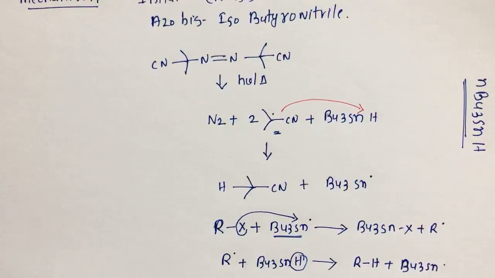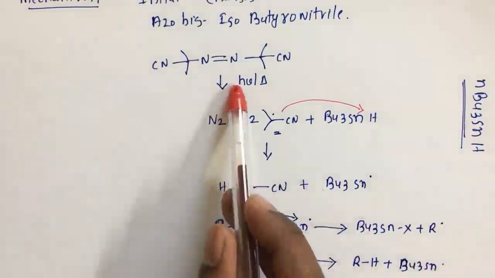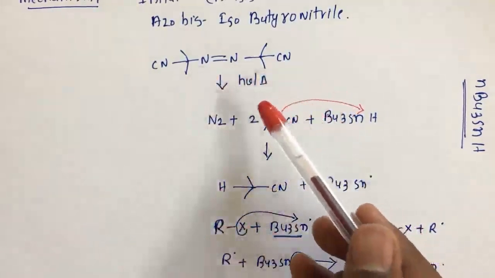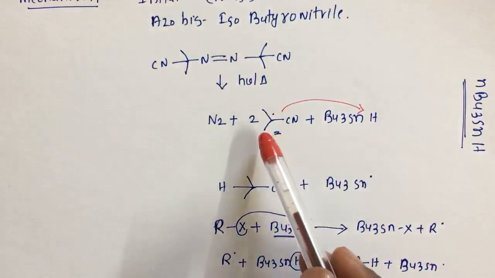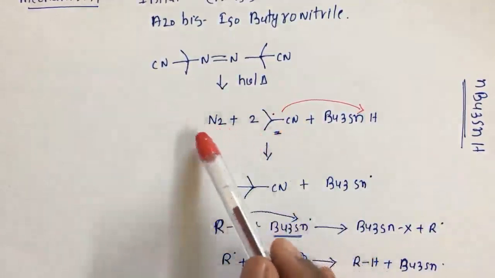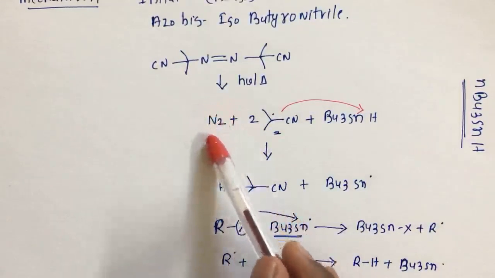So this is the mechanism for n-butyl stannous hydride, how it reacts. Initially we have an initiator, azobisisobutyronitrile, and when we expose this to photochemical light, we get this free radical species by elimination of N2.